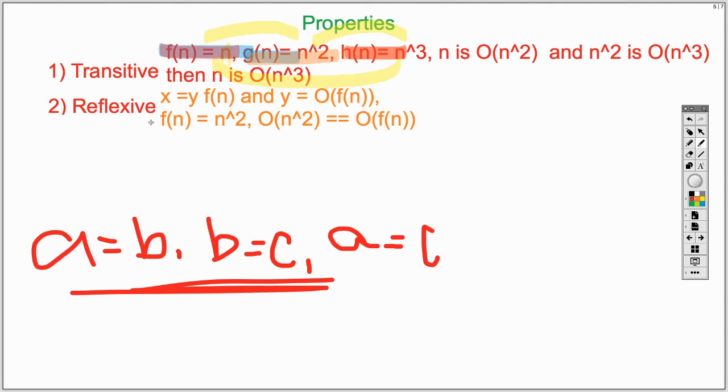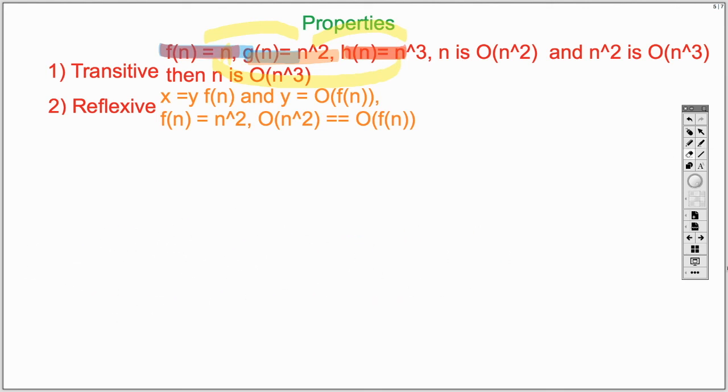Then we have reflexive, and the rule of reflexive is that A equals A. So it's saying that X equals Θ(f(n)), and Y equals O(f(n)).